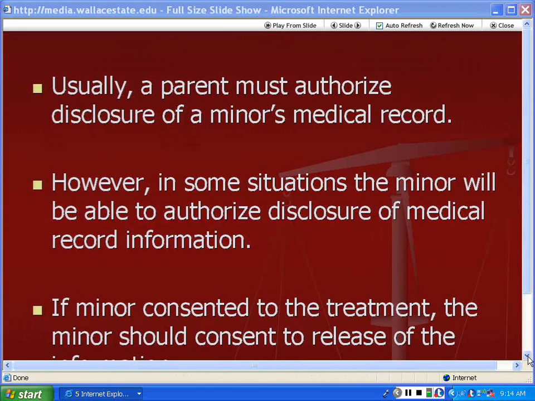We'll get into this a lot more. In the state of Alabama, at 14 years of age, a minor can consent to any medical treatment. They haven't reached majority, they're not an adult, but the state law in Alabama says at 14 years of age that minor can consent to any medical treatment.